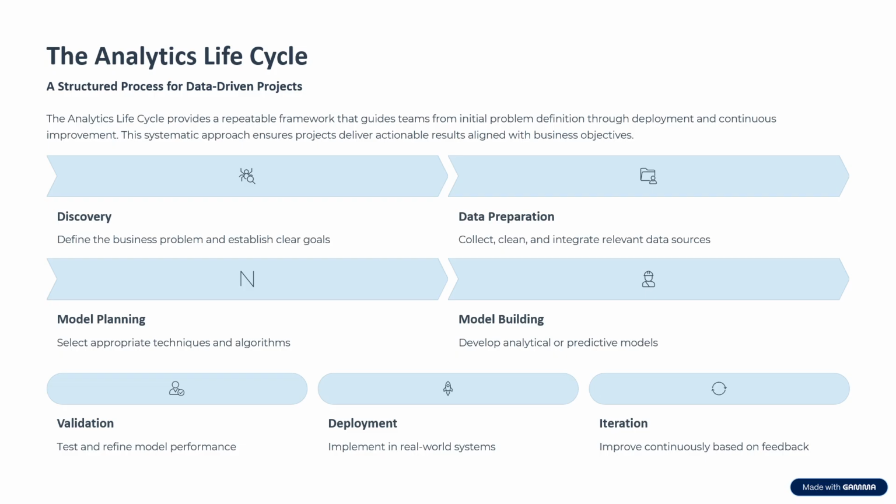Now let's look at how an analytical project typically runs from start to finish. The whole concept is called the data analytics life cycle. The core idea is, instead of a random analysis, follow a structured process that starts with a business problem and ends with a deployed solution that is continuously improved.